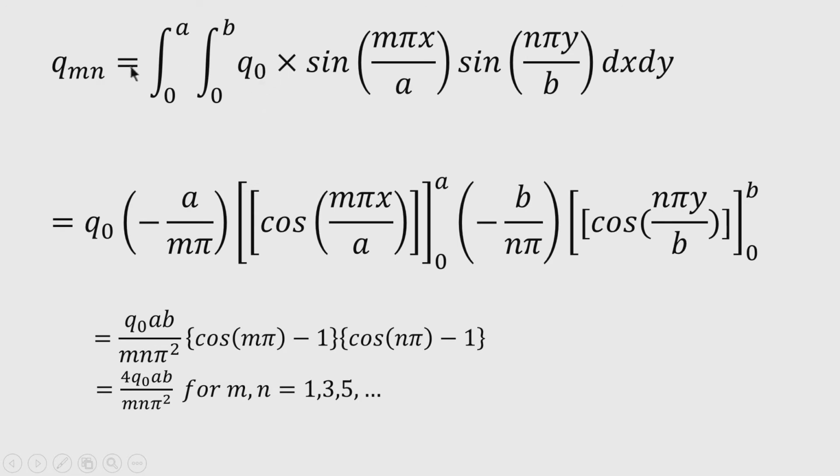So, it can be taken outside the integral sign, and after integration with respect to x, you will get this term as a constant minus a by m pi, and the integration of sin m pi x by a will be cos m pi x by a, and this constant a by m pi with a minus sign comes out here, and the limit of integration is shown here as 0 to a.